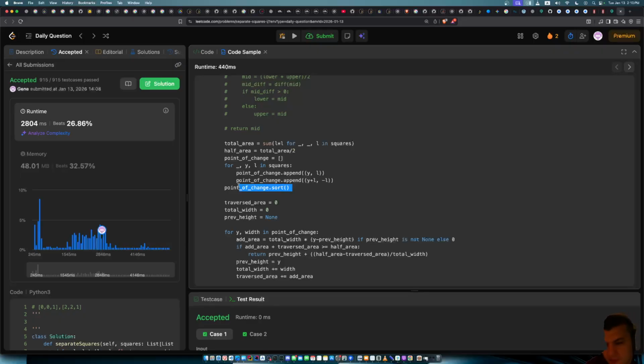So they are basically sorting this array. Instead of doing binary search, they are sorting, and sorting is already n log n.